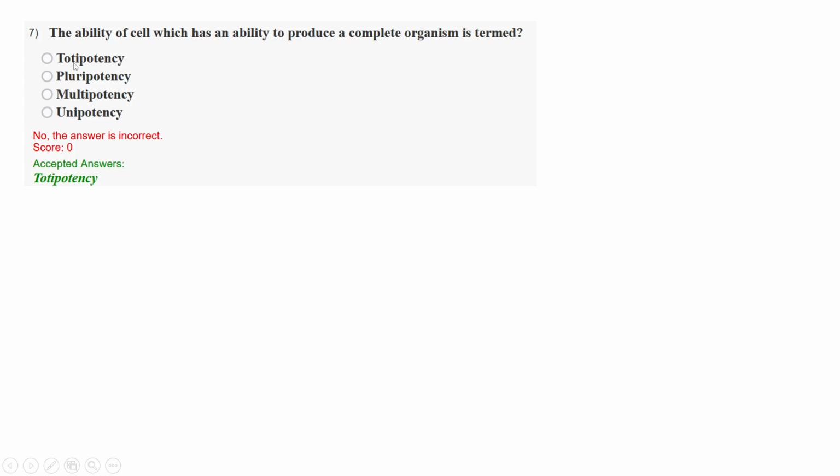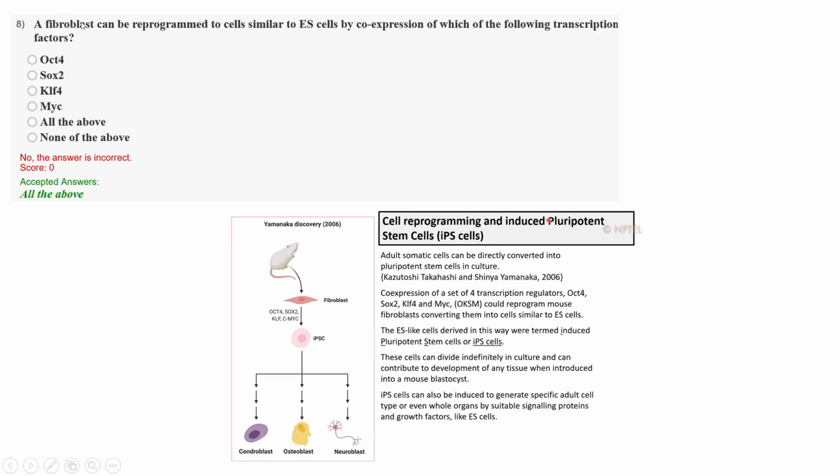An embryonic stem cell, for example, doesn't express the placenta. Only if the cell is totipotent will it form a complete organism, including the placenta. So the embryonic stem cell is a pluripotent cell, not totipotent. This ability to produce a complete organism is termed totipotency. So option A is correct in this case.